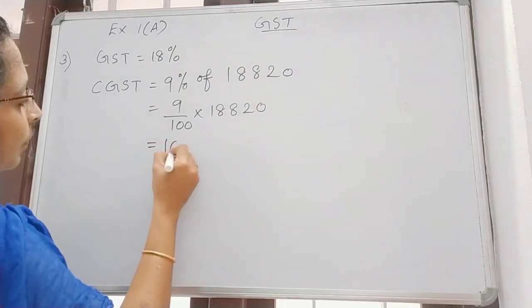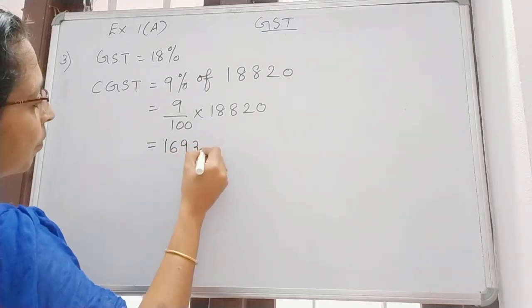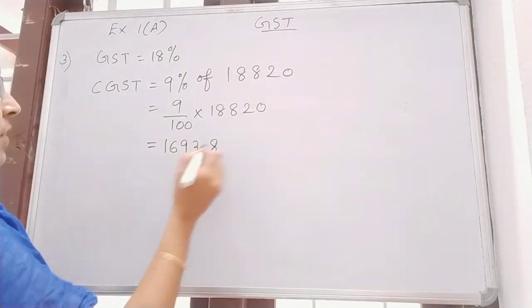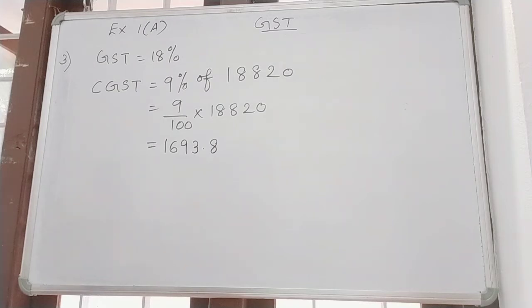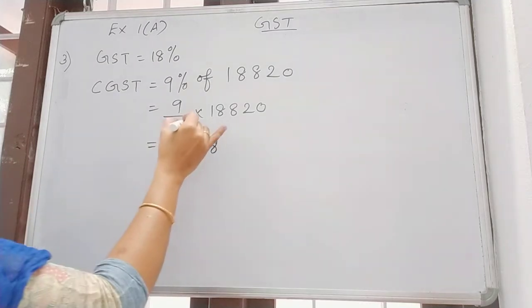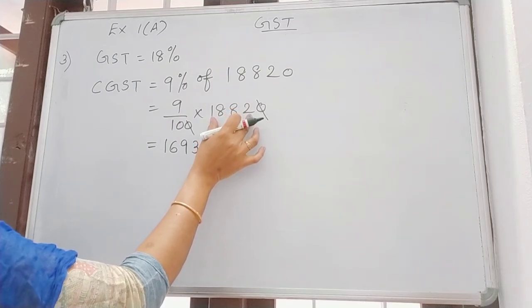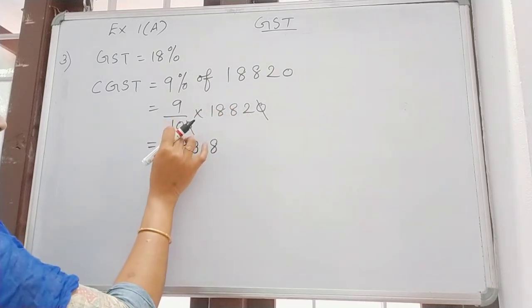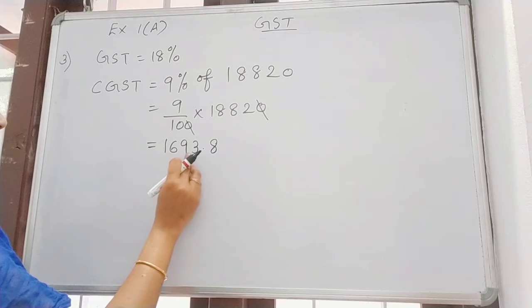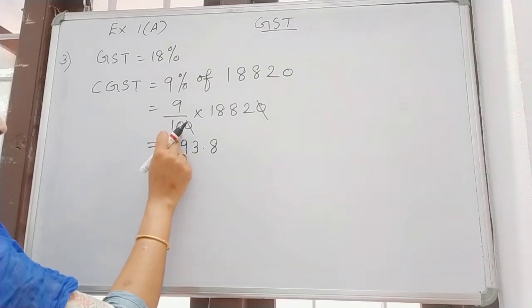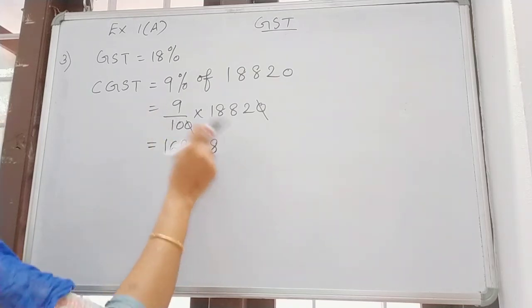Better cancel this 0. Then multiply these two, divided by 10. That answer will be 16938 divided by 10. So 10 means remove one decimal place.